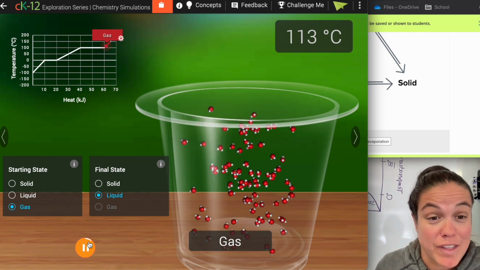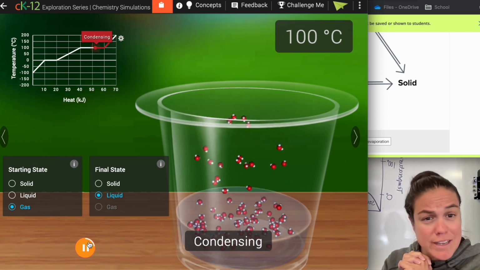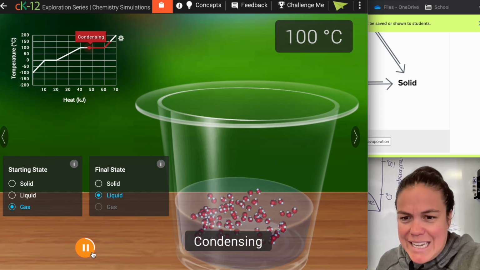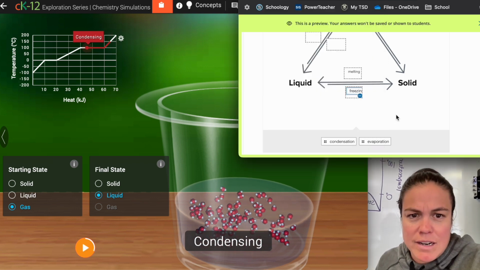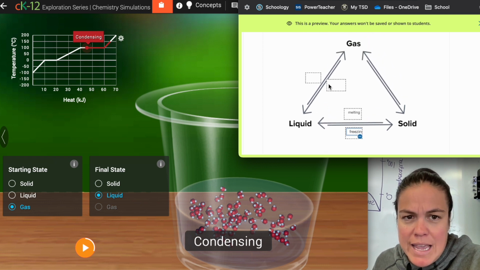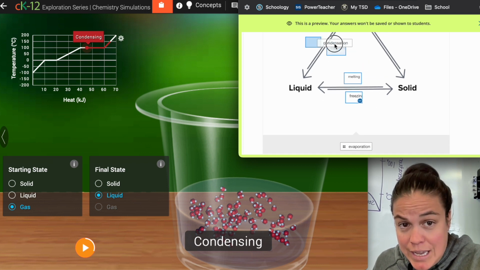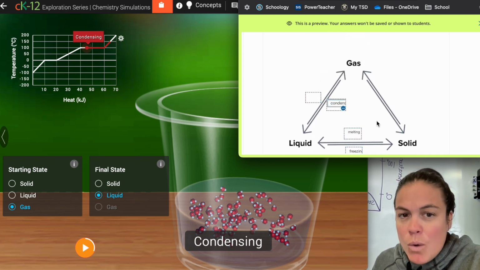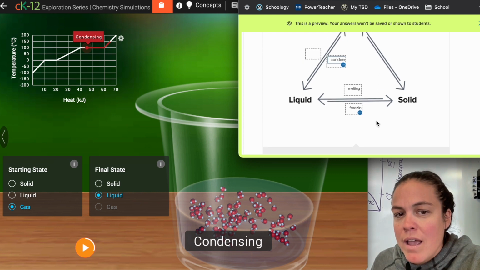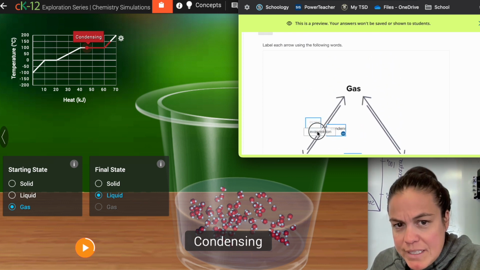Notice they've got a cover on the cup there, so our gas particles are filled in. Okay, they do write the word condensing, right there. So let's go ahead and write and say from a gas to a liquid is called condensation, which leaves one more here, evaporation. So we're going to put this because it's what's left.